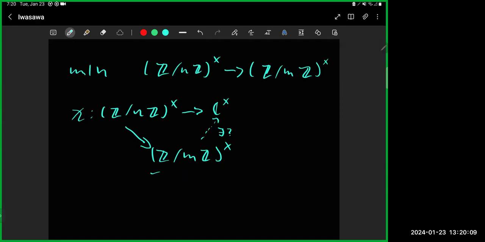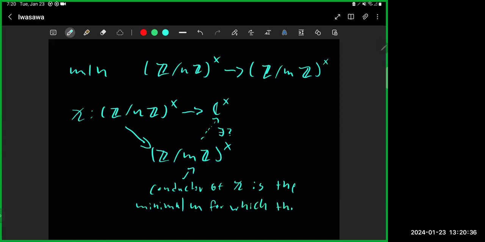Well, this needn't hold in general, and when it does hold, the minimal M for which it holds is called the conductor of chi, the minimal M for which this map factors.